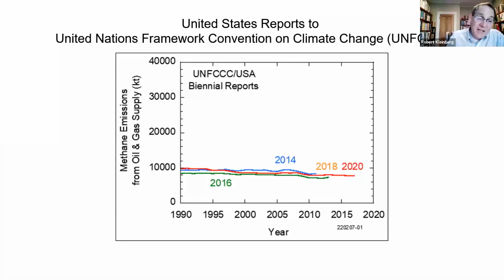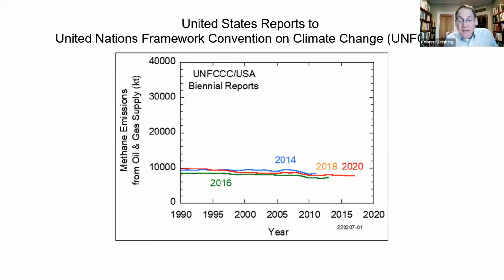And then the vertical axis is the total national methane emissions from the oil and gas industry in kilotons. You're probably wondering why there's so much white space on this chart, and it'll become obvious in a minute why that is.